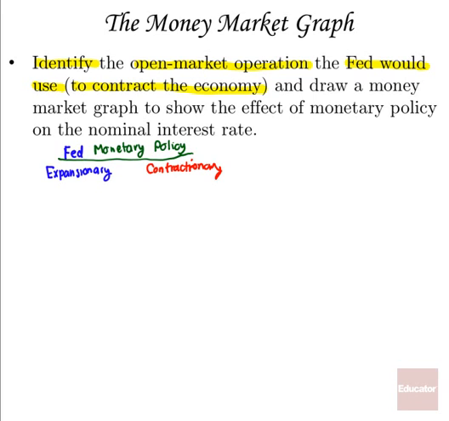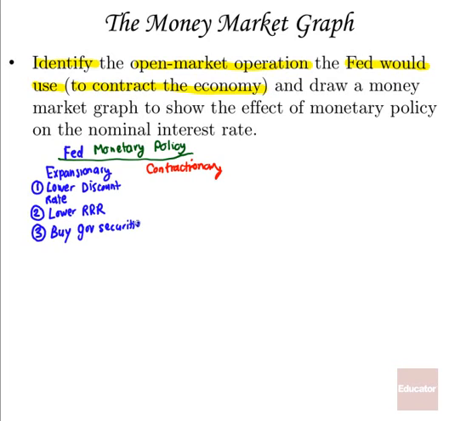Now again, there are three basic tools of either expansionary or contractionary monetary policy, but let's take a look at expansionary. For expansionary, they can either lower the discount rate, they can lower the required reserve ratio, or they can buy government securities.